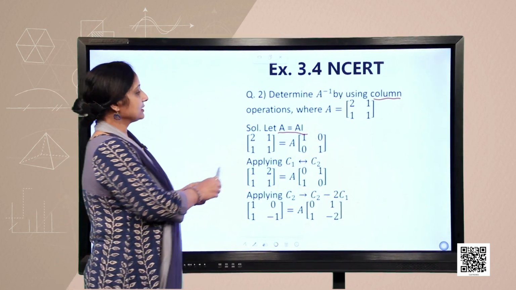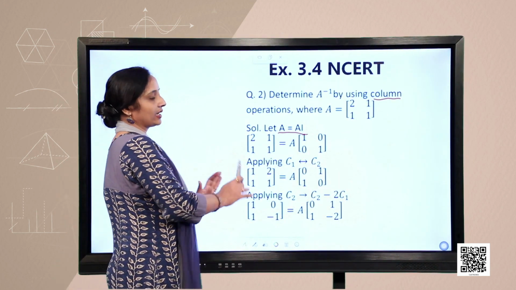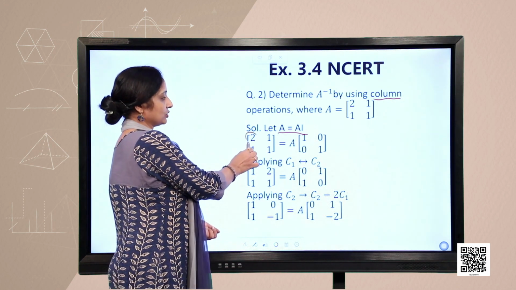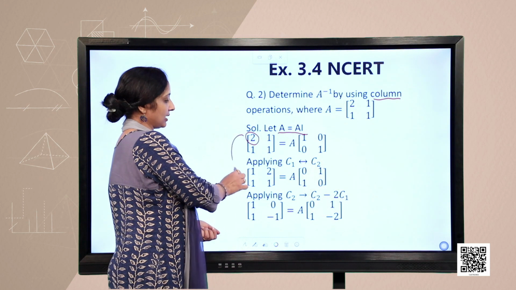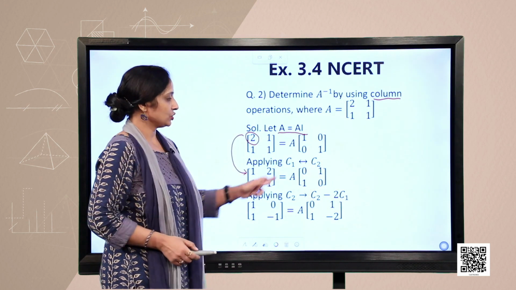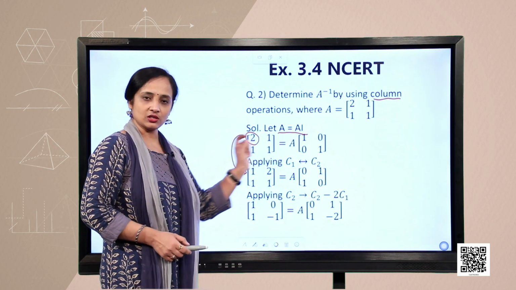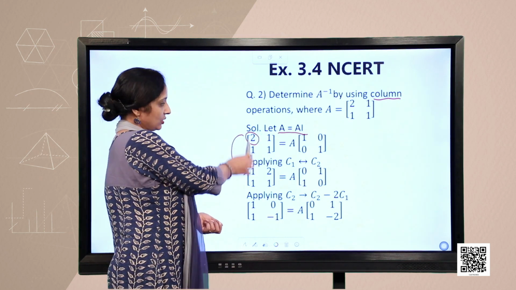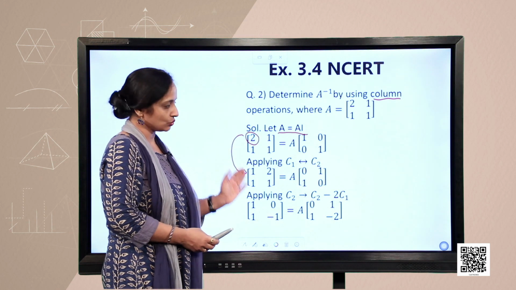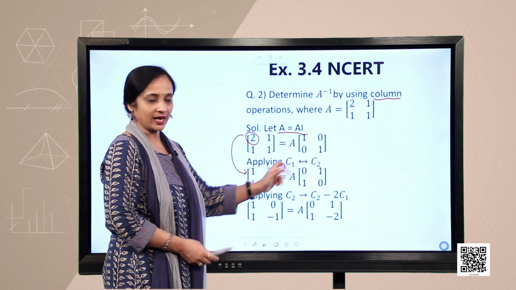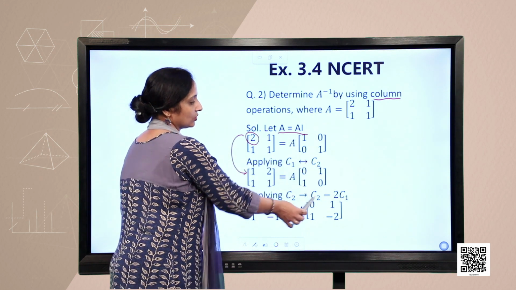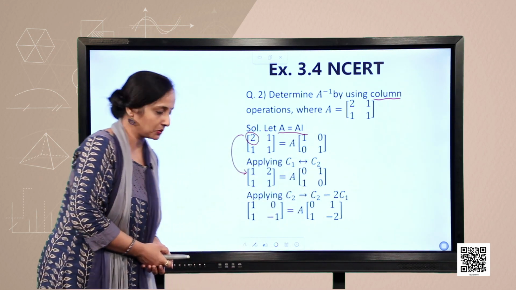Then apply C1 changes to C2. Why am I choosing this operation only? Because my very first step is to make this element 2 as 1. So for that we are interchanging both the columns. So 1 1 has been made column 1, 2 1 has been made column 2. The same operation has to be applied here. This 0 1 has been written here and this 1 0 has been made column 2.